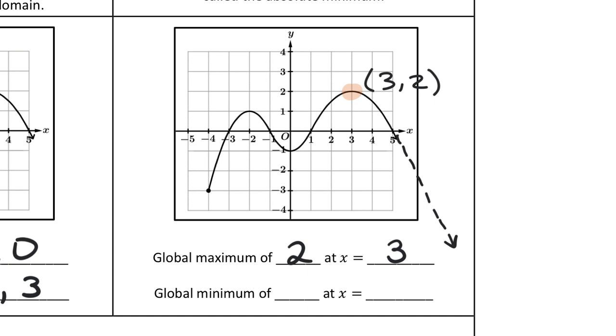No, it'd be like infinity, but we're not going to answer like that. We're going to say that it does not have a global minimum. So not all functions have global maxes or mins. But a lot of polynomials have relatives because we have these turning points in our rates of change, when our rate of change goes from increasing to decreasing and vice versa.